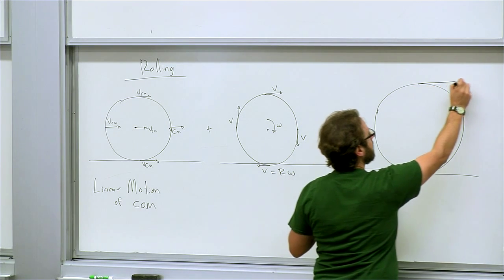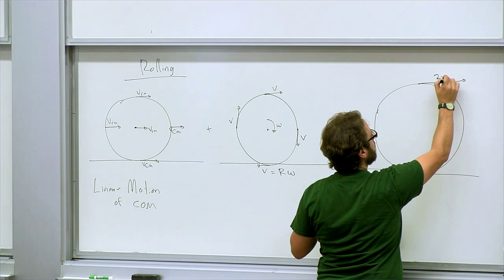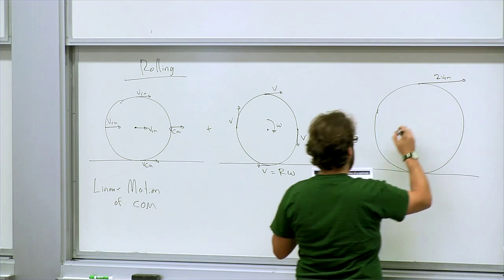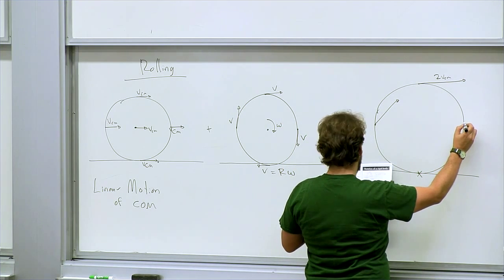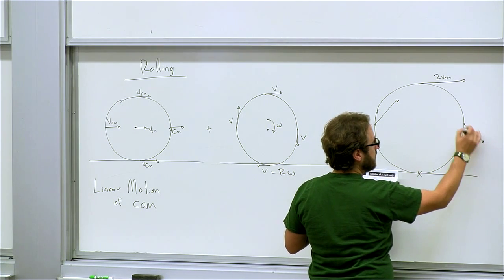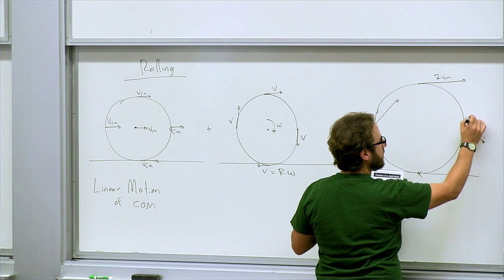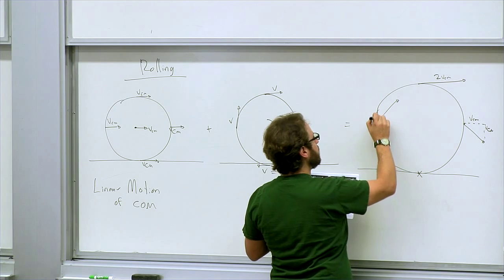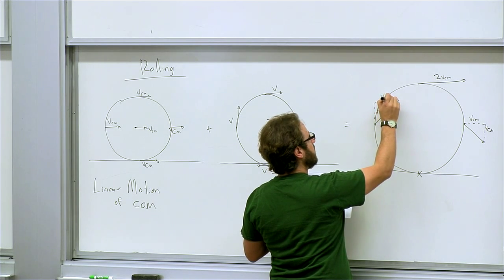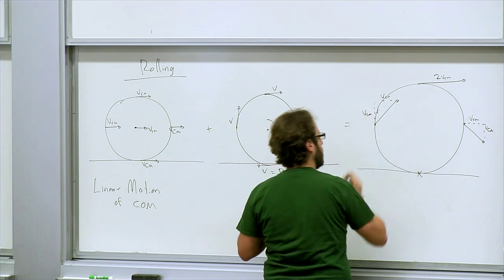This one here has 2 VCM, right? This one has a velocity like this, and this one has a velocity like this, where this one has 2 components, VCM, VCM. And this one has 2 components, VCM, VCM.